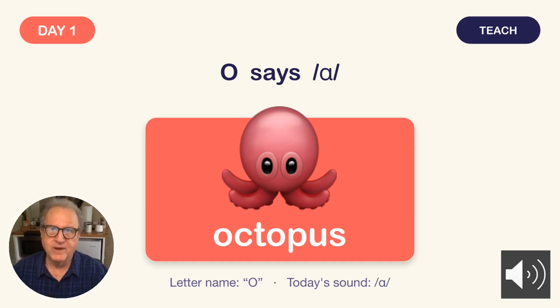Okay, here's a new one. This letter is O. And O, the sound of O, the short vowel sound is ah. Do you hear that? It's in the back of the mouth toward the throat.